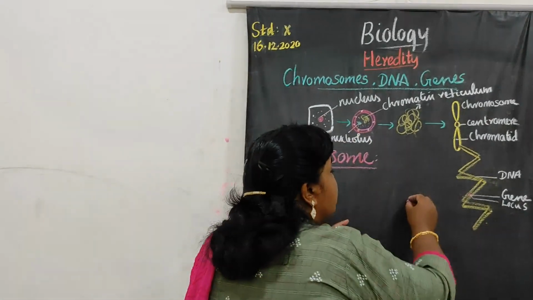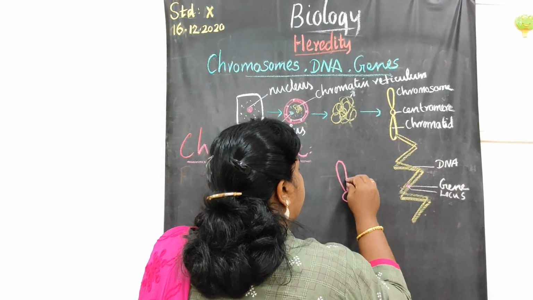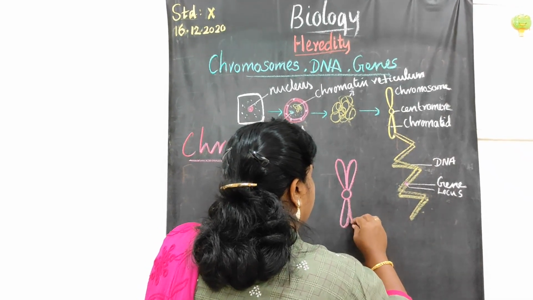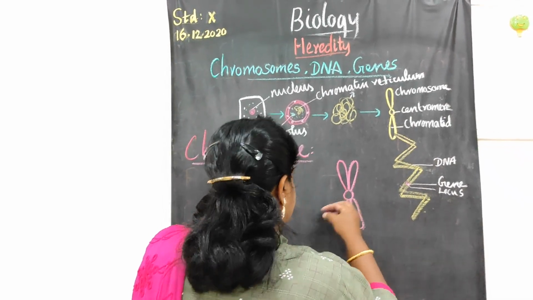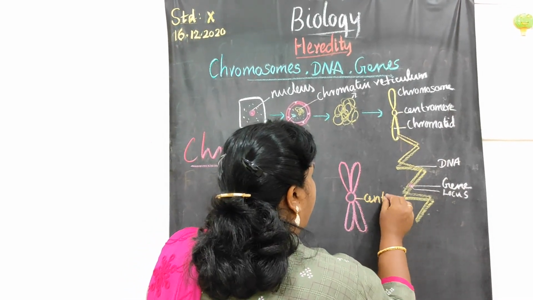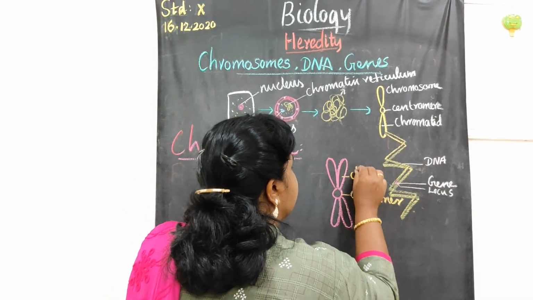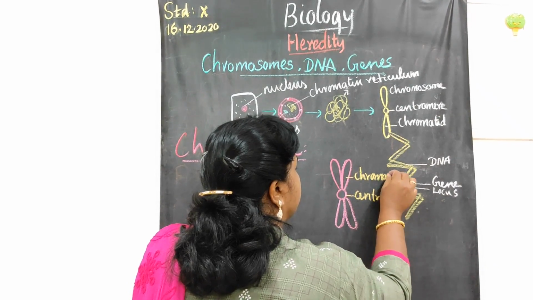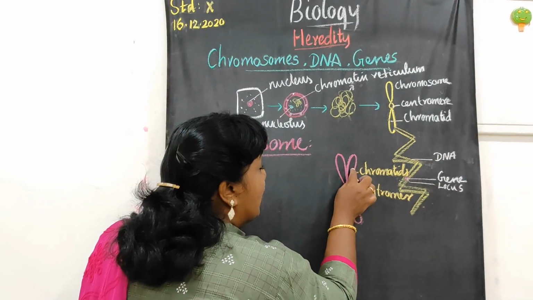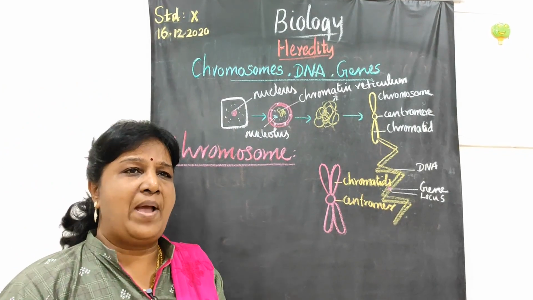You see here, this is the centromere, and these are chromatids. Here we are saying it is sister chromatids because these chromatids are identical.